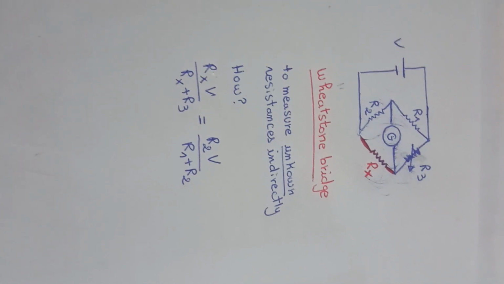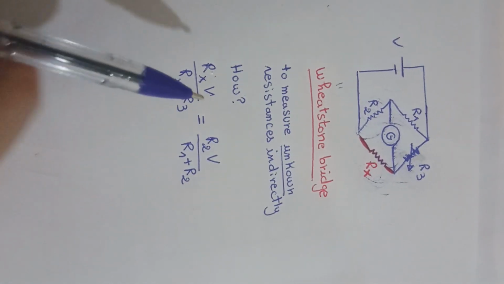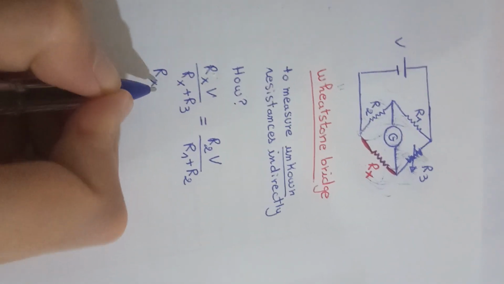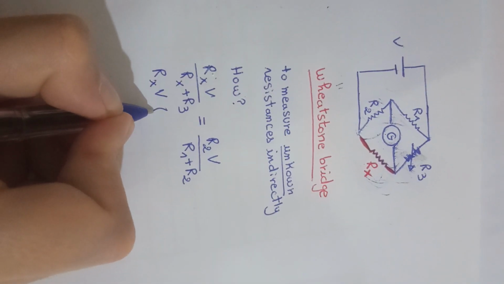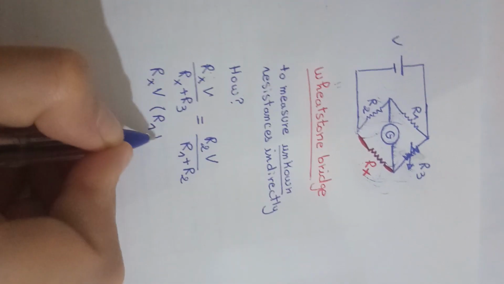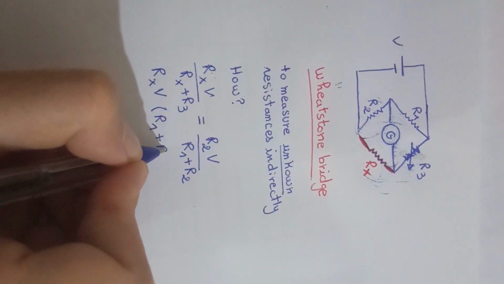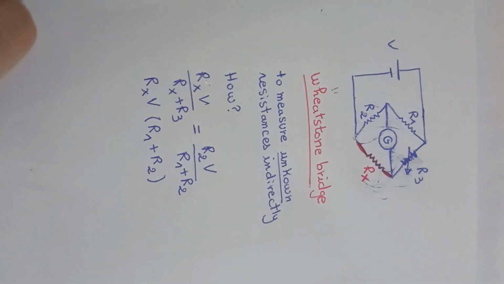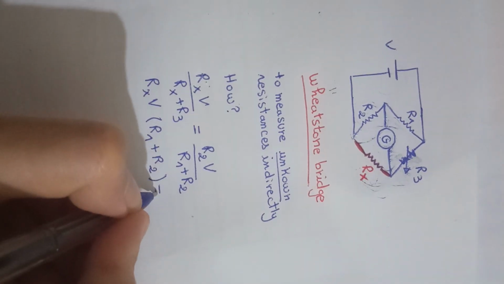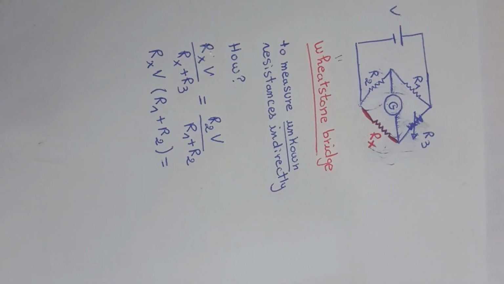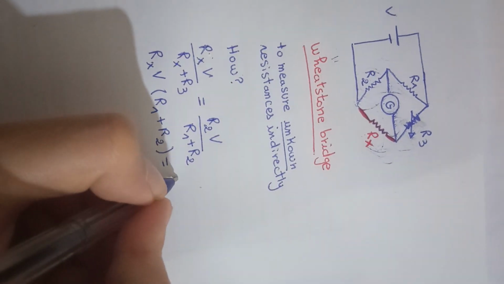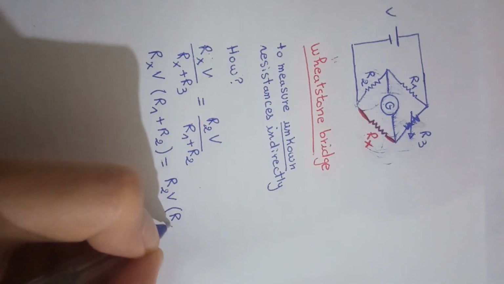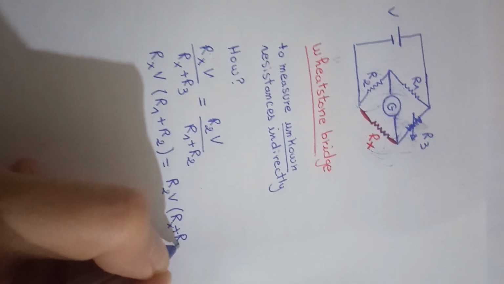Great. Let's simplify it. We cross-multiply: Rx V times (R1 plus R2) equals R2 V times (Rx plus R3).